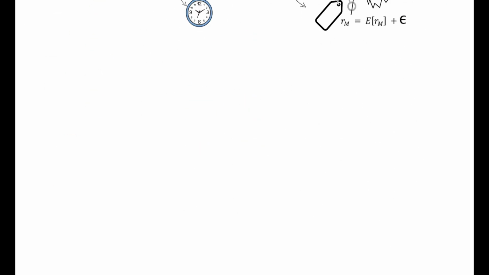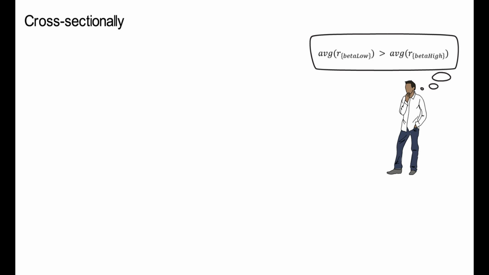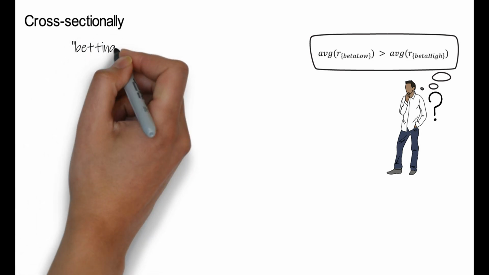Now, let's look cross-sectionally. Cross-sectionally, the CAPM in its plain form fails to explain why low beta stocks outperformed high beta stocks. And that gave rise to the by now well-known notion of betting against beta.